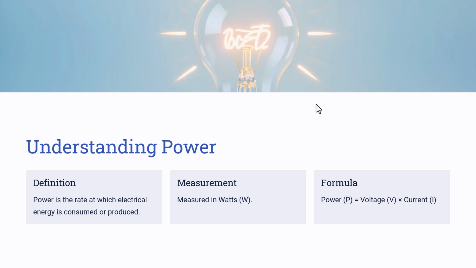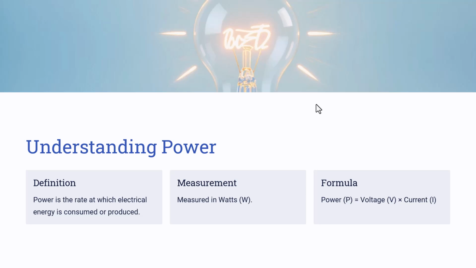Okay, so we are here to have an understanding of what power is. Today we will define power as the rate at which electrical energy is consumed or produced. Keyword: consumed or produced. As I said in the first video where we spoke about electricity, electricity is the flow of electrons.